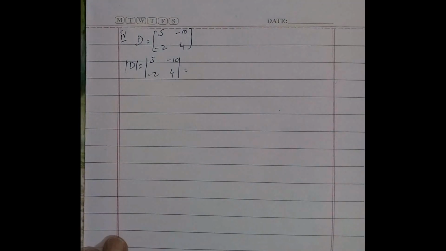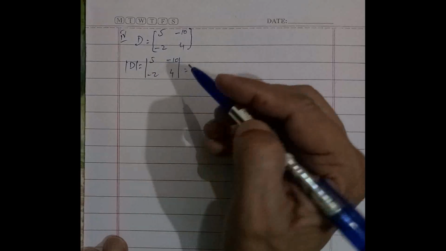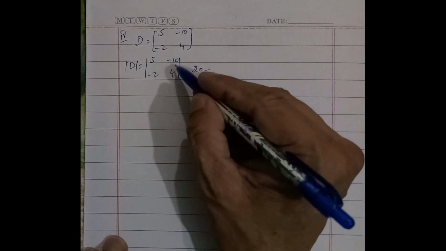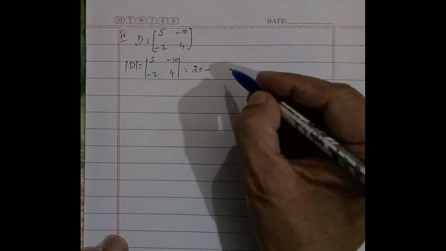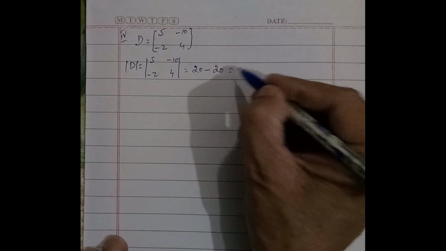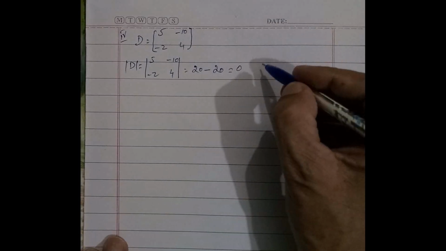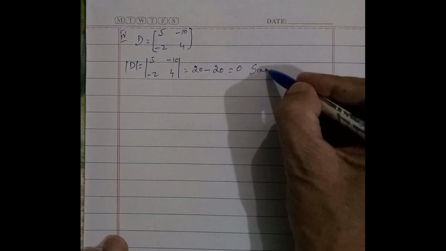Now we simplify these values. 5 fours are 20, minus minus 2 multiplied by minus 10 is equal to 20, and 20 minus 20 is equal to 0. So D is singular.